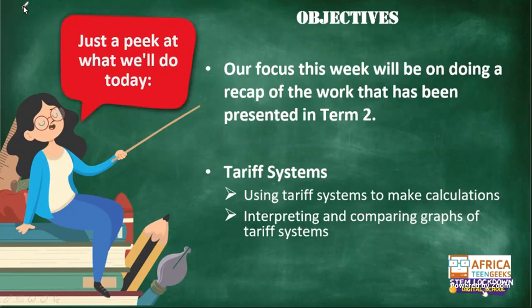So our main focus, obviously, this week has been tariff systems, while finances as a whole with our financial documentation that we use at home. And I've got a little example of a statement again today. So we're going to answer some questions with that as well. So just to tie everything together, both concepts that we've been dealing with this week. And then we're going to use another example of using tariff systems to make calculations.